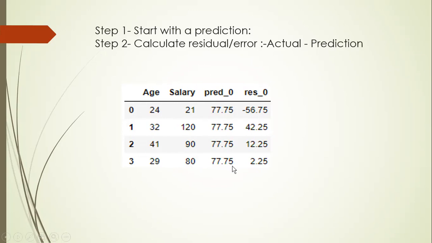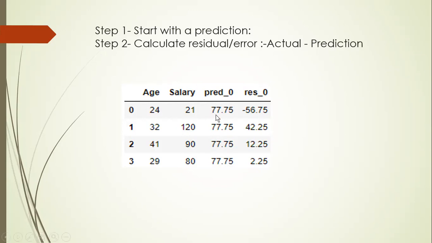The first step of prediction: when we put this data set inside the XGBoost algorithm, the first weak learner will try to do the prediction, and that prediction will just be the mean of the output salary column. The first learner will say this is the prediction, and that will be the mean.